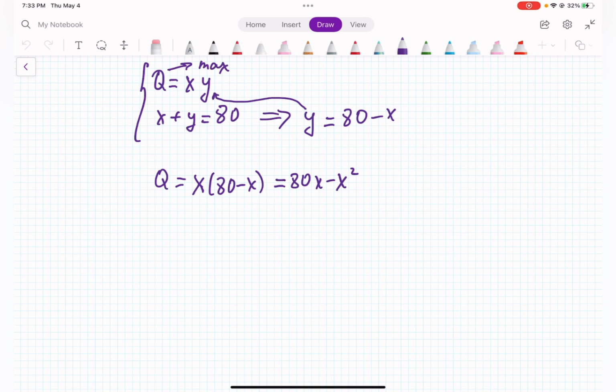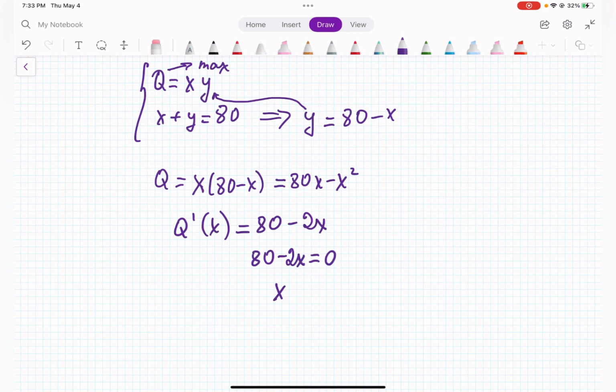So the next step is to find Q prime, which is 80 minus 2x, right? Next, assign it to 0 and find the critical value.